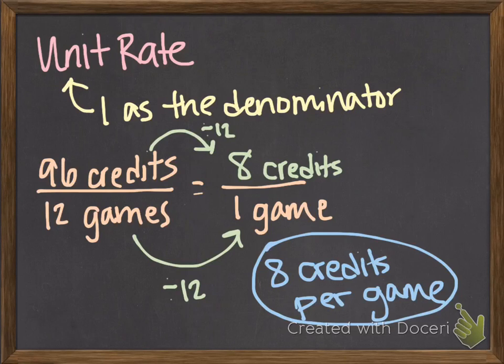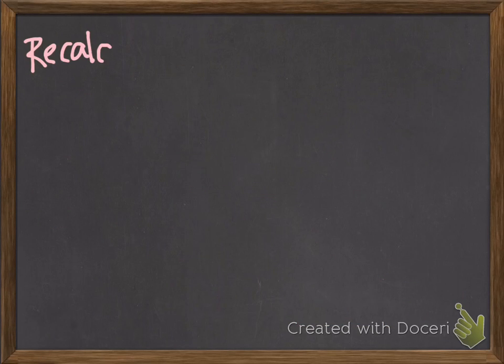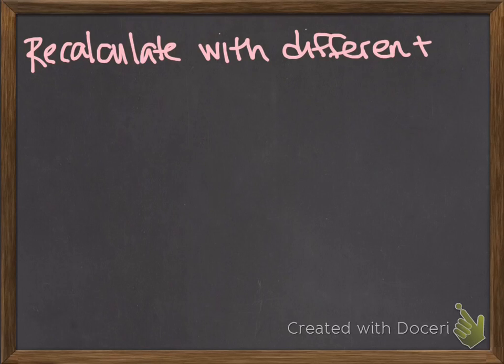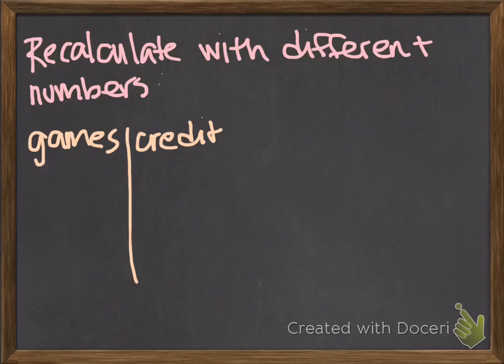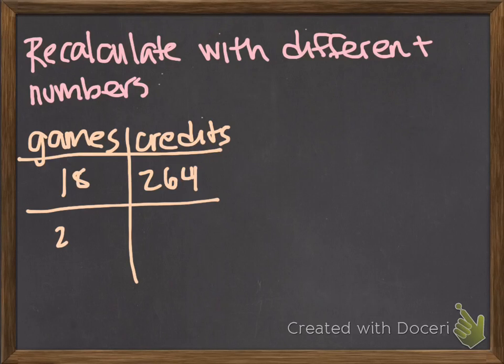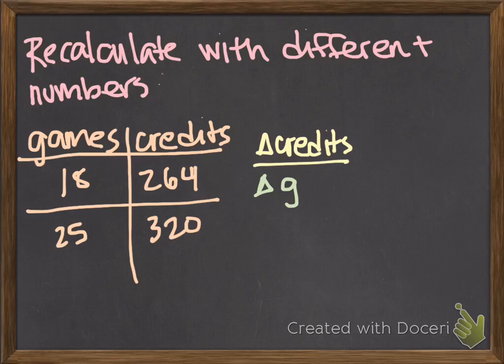Number 4. Recalculate the unit rate by using different values from the table. Show your work. So for number 4, they want us to recalculate with different numbers. We can't use the numbers that we used on the last problem. So I'm going to take a look at a different part of the table, and I'm going to remember that we did change in credits over change in games.